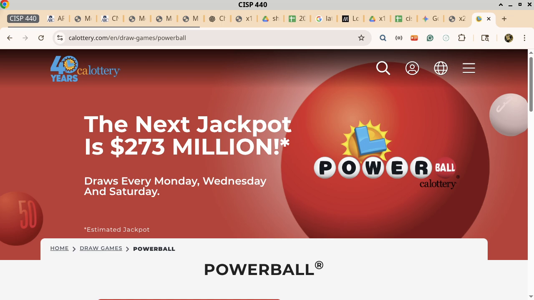So how do you determine whether it is a good time to buy a lotto ticket or not? That's a simple question. How do you decide whether today is a good day to buy a lotto ticket? So we'll start with how, and then we'll get to the why.